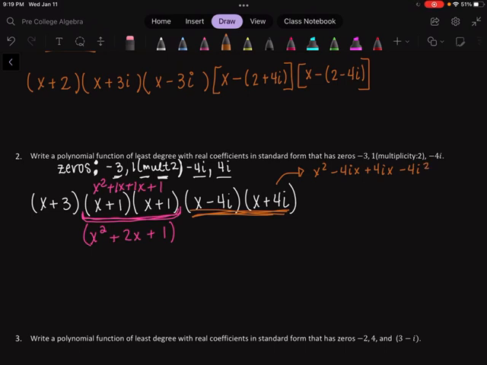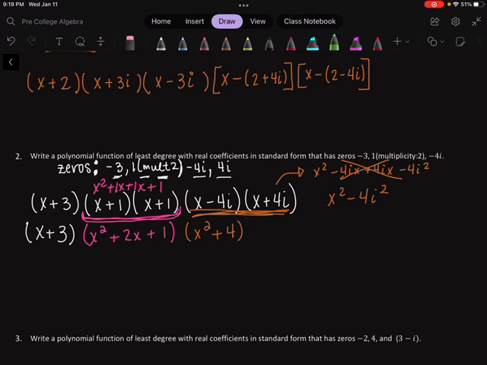I would have automatically just done x squared minus 4i squared, because I knew with them being conjugates, the middle two terms would cancel out. And i squared is negative 1. So this really becomes x squared plus 4. And then I'm just going to drop this x plus 3 here.